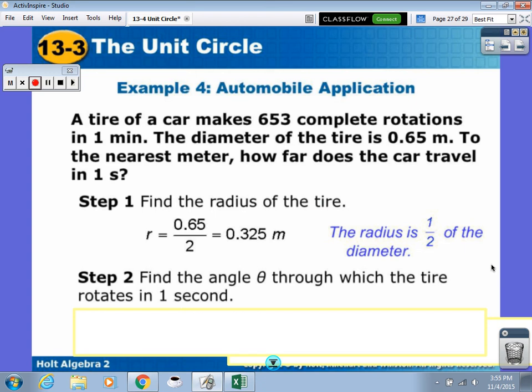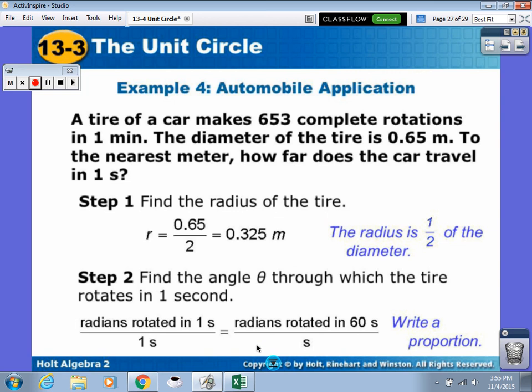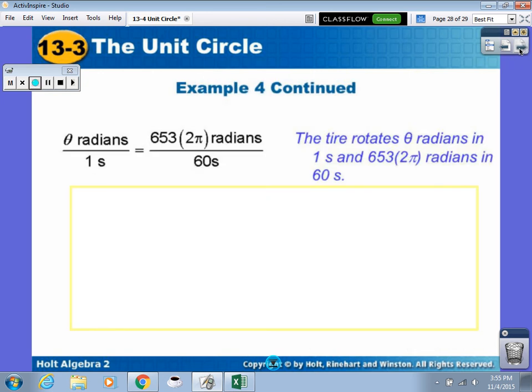We have 653 complete rotations in a circular pattern, which means we have the radians rotated in 1 second over 1 second equal to the radians rotated in 60 seconds over a second. That sounds funny, so look at the next page because this is what it works out to be.